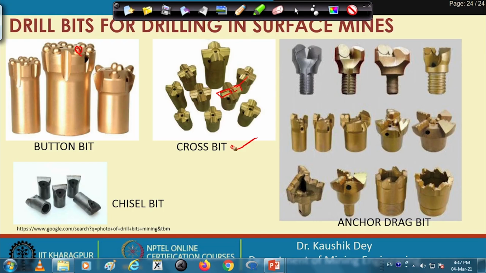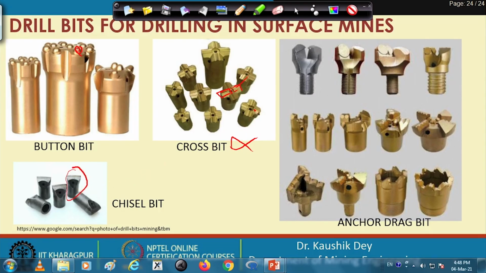The cross bit is very commonly used in hard rock conditions, and these are the anchor type drag bits in different cases. These are the different types of bits where the tungsten carbide variations are provided. This is the chisel bit, most commonly used for the jackhammer.